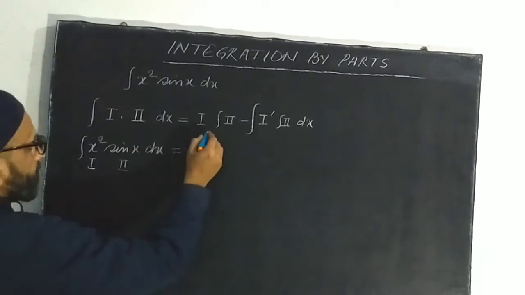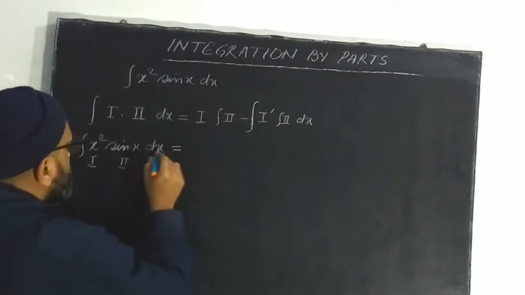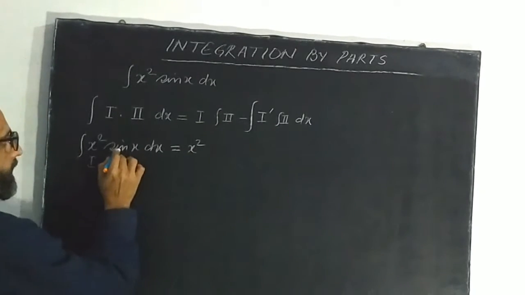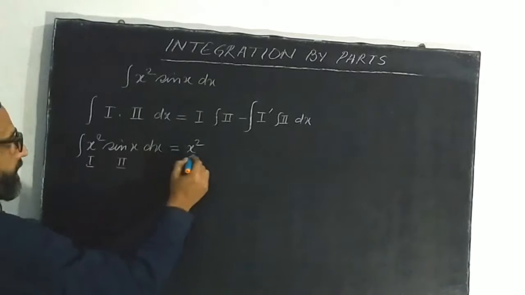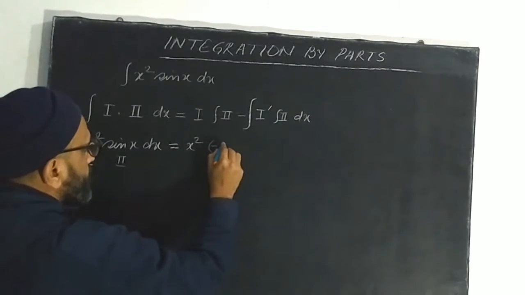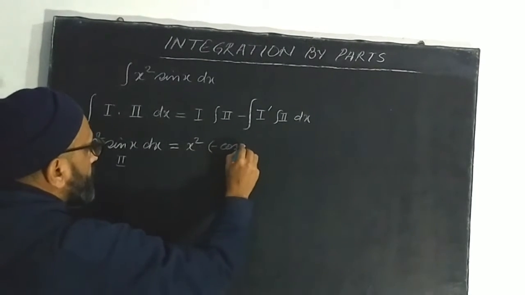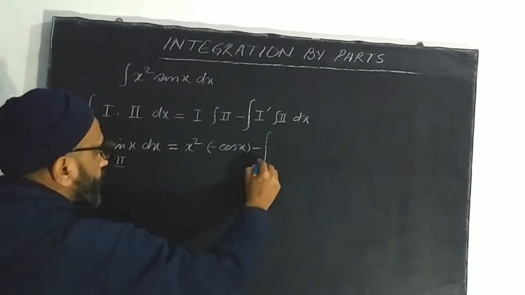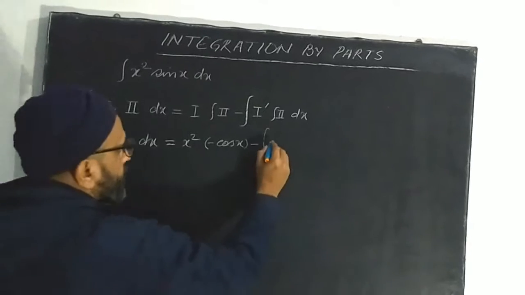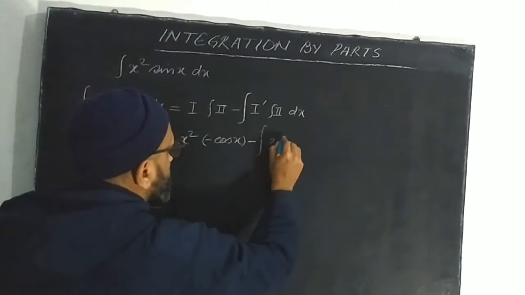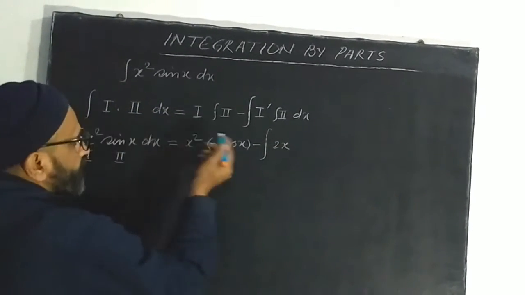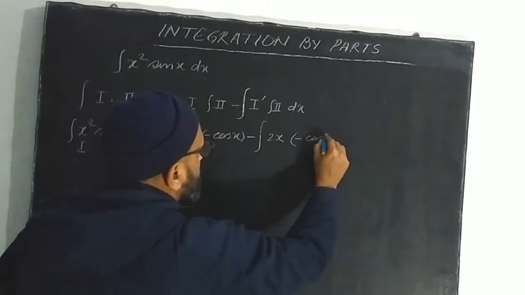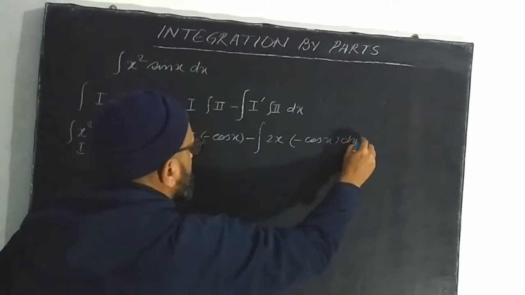So according to the formula, the first function x square should be as it is, and the integral of the second, sine, is minus cos x, so minus cos x, minus integral as a whole, differential of first, the differential of x square is 2x, and the integral of the second is the same as we have written outside, minus cos x dx.